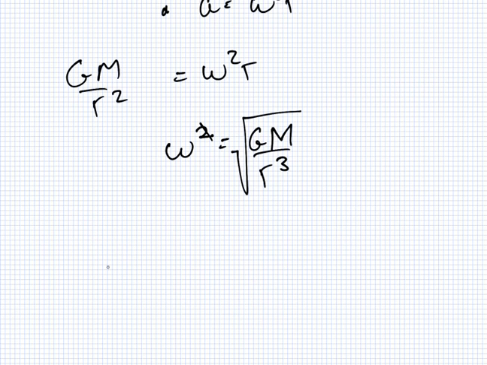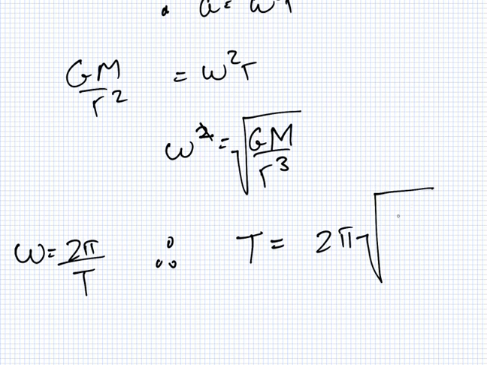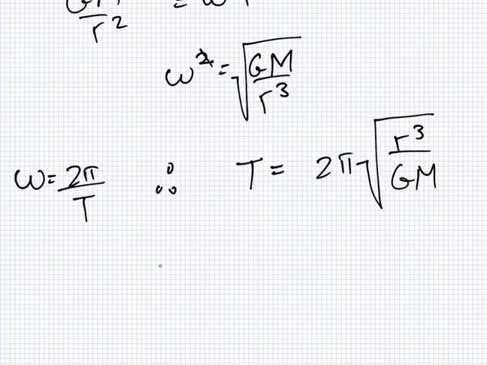But then you need to remember that omega equals 2 pi over T. So therefore, T equals 2 pi over omega. So what you've done now is you've gotten the formula to work out the time. So we just plug in the numbers.